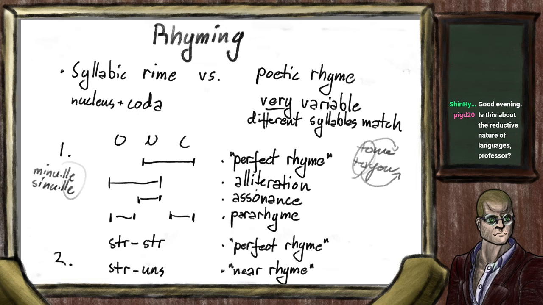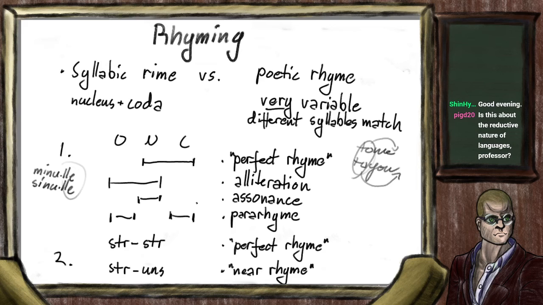And then you have some of the smaller parts, such as assonance, is when only the vowels are the same. I might have had to write some examples of these. I can't think of any off the top of my head. And then if both the onset and final consonants are the same, then you might call that a pararhyme.